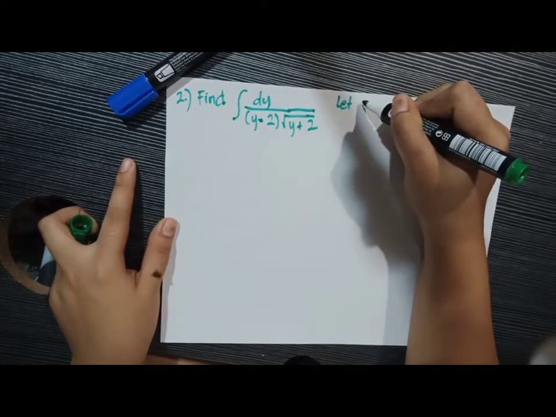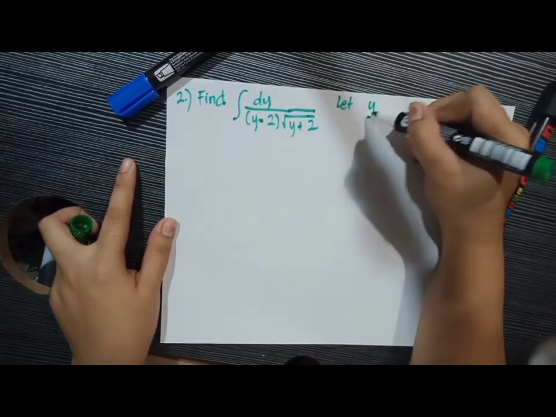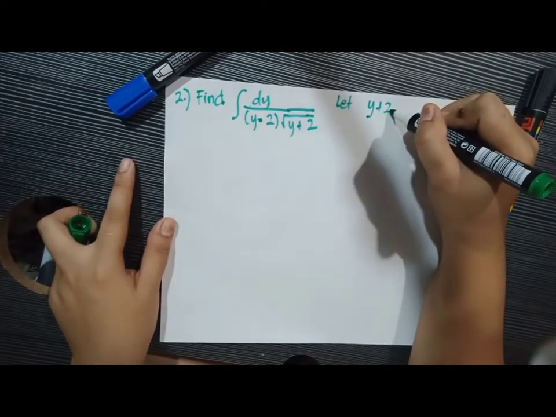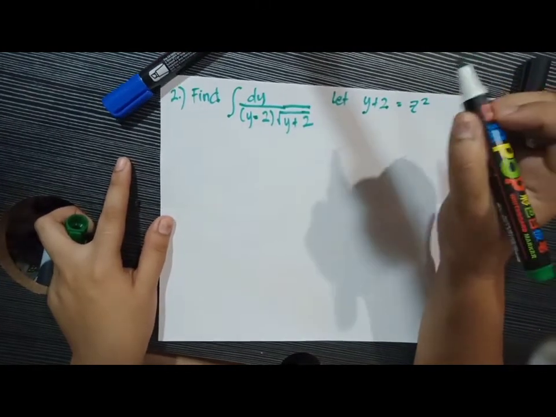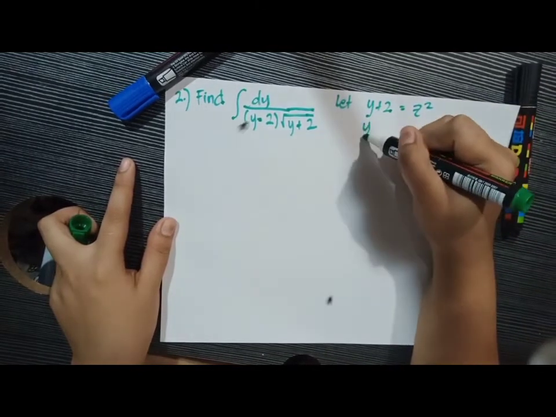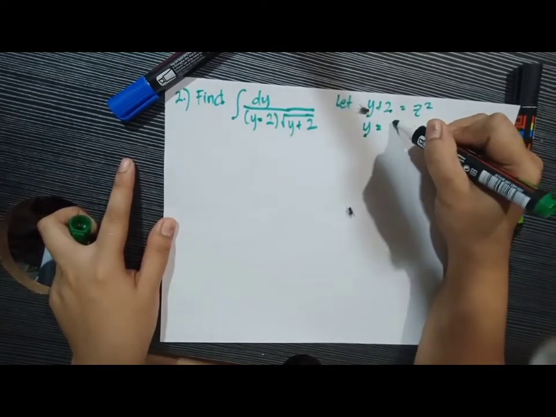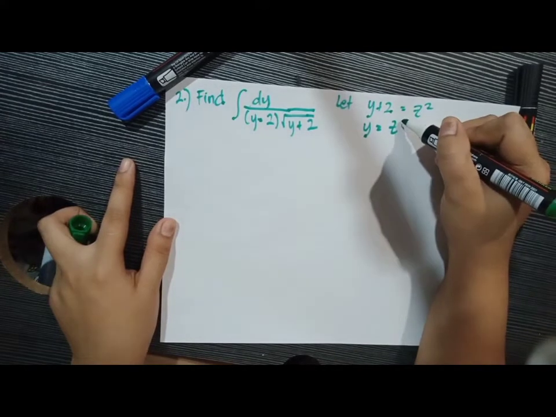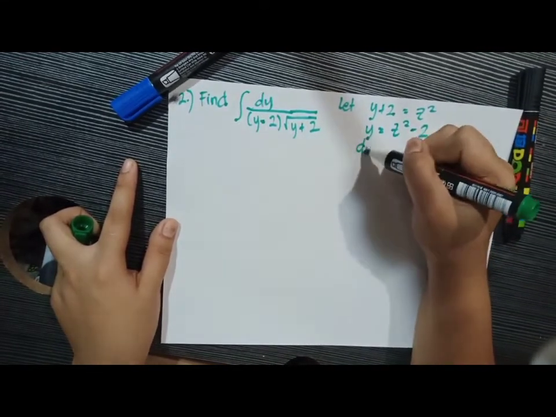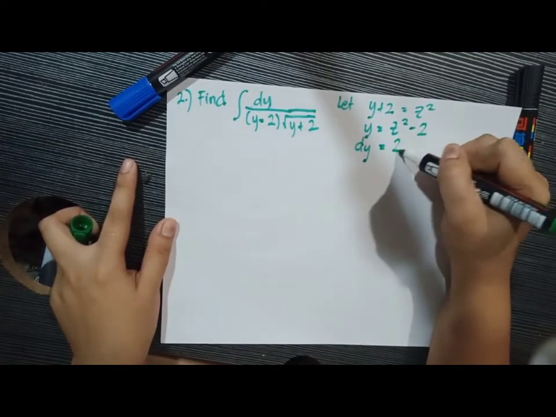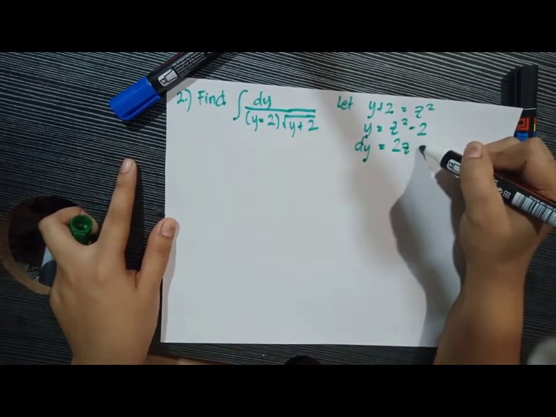Let y plus 2 equals z squared, and y equals z squared minus 2, and dy equals 2z dz.